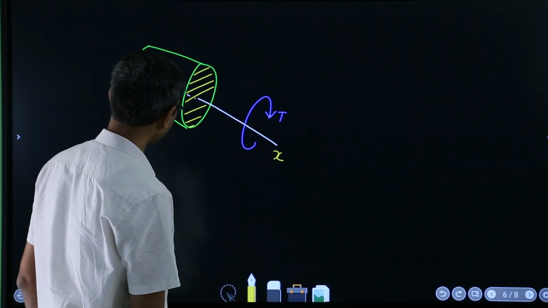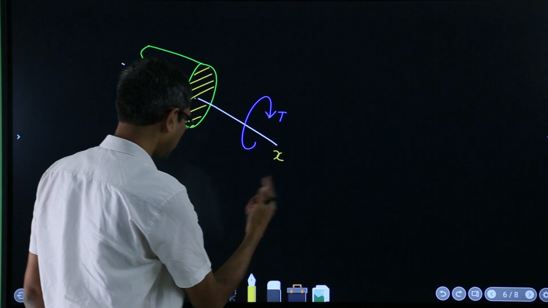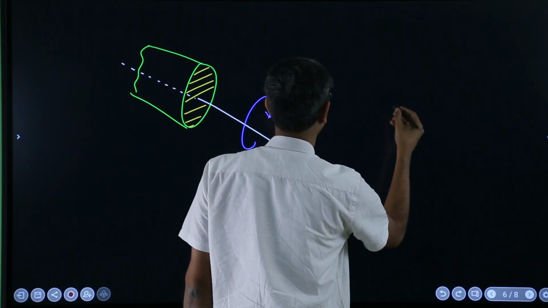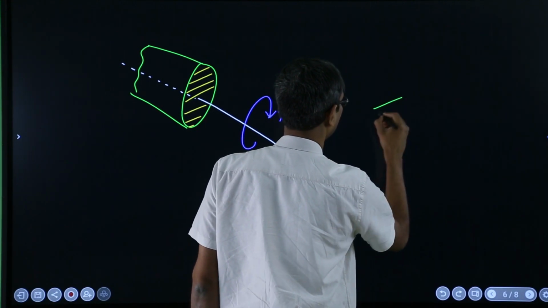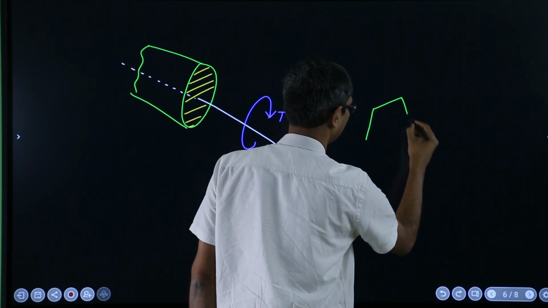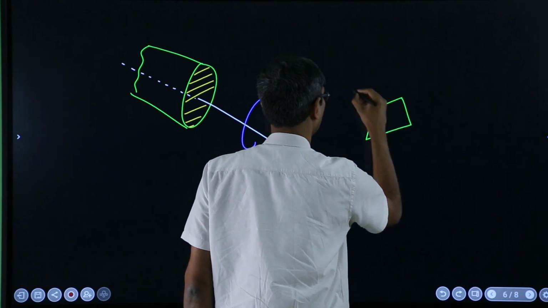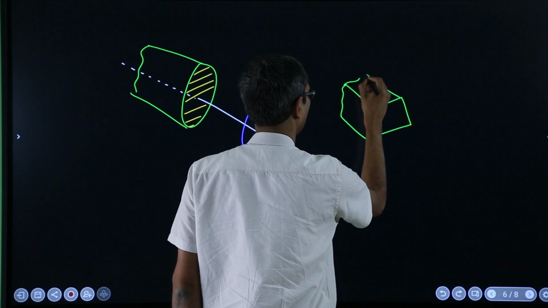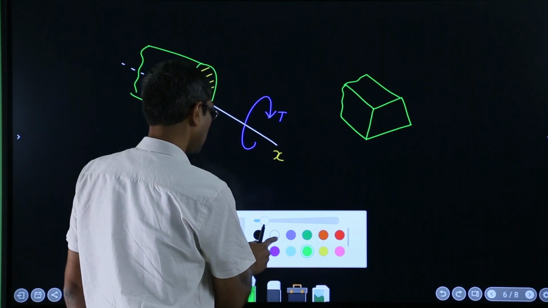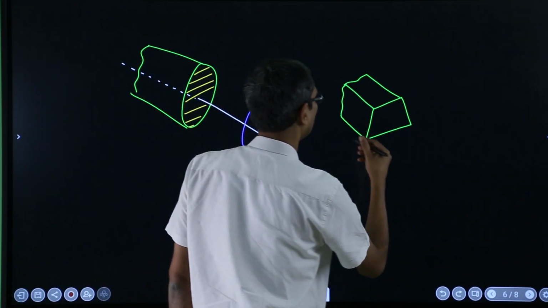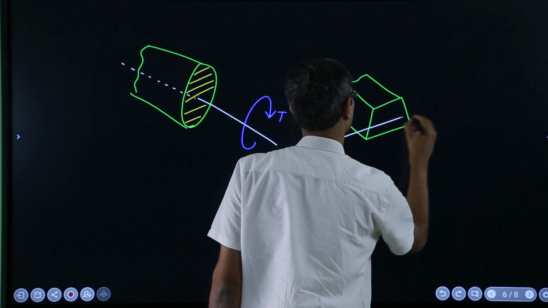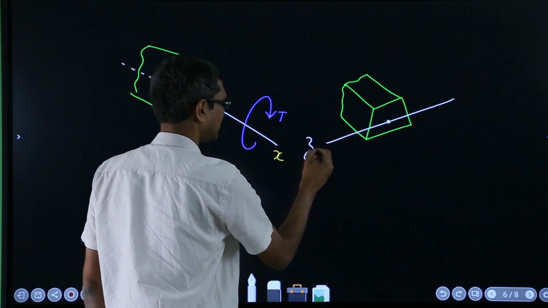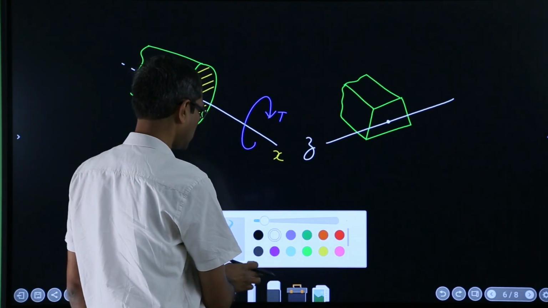But now, if you see the present condition of bending, here we have a case like this. So this is the beam, and here your axis of consideration is this, and it passes through the CG. This is the z axis according to our convention.